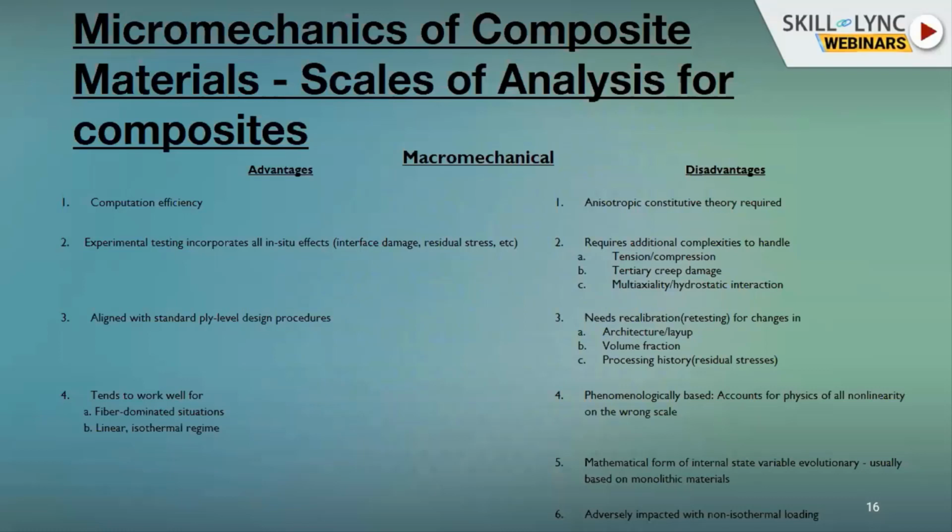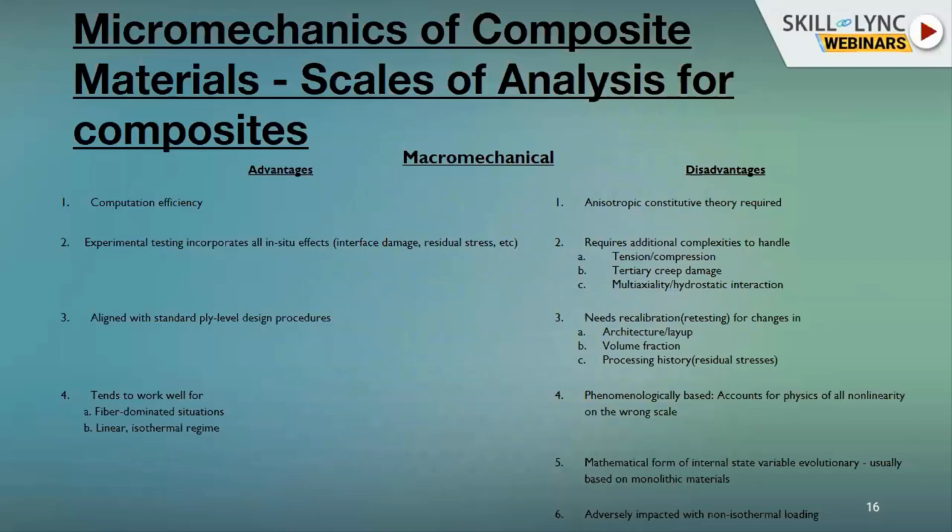So a major disadvantage of macromechanical analysis is the anisotropic behavior that comes in composite materials. These constituent theories should be known because the properties in different directions in the composites will be different, so we need an anisotropic constituent theory here.